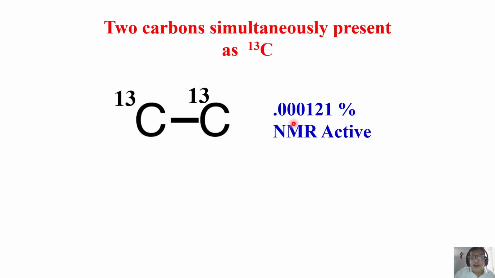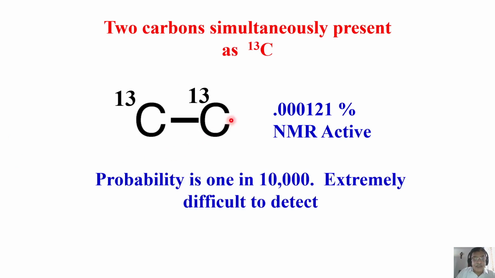So this is 0.01%. In 100 molecules, the probability of seeing this is almost 0. Although NMR active, you will not see that. So the probability is 1 in 10,000. Extremely difficult to detect molecules with both carbons in the carbon 13 state.